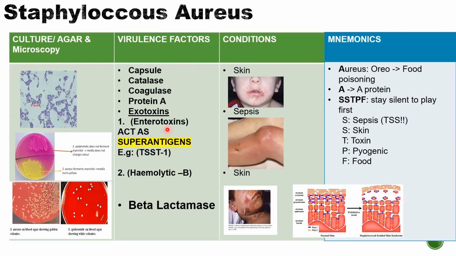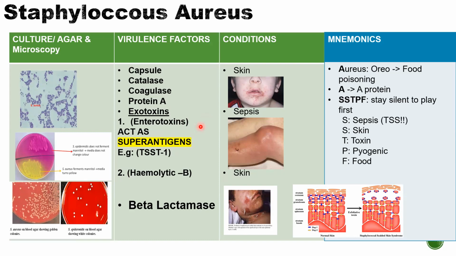So virulence factors are basically special characteristics of this organism that make it cause the disease that it causes. That's why they're important to know, because by understanding the virulence factor, you're able to connect the dots on what's the disease that it causes. Again, anything that has superantigens, then it's very likely that it causes septic shock.